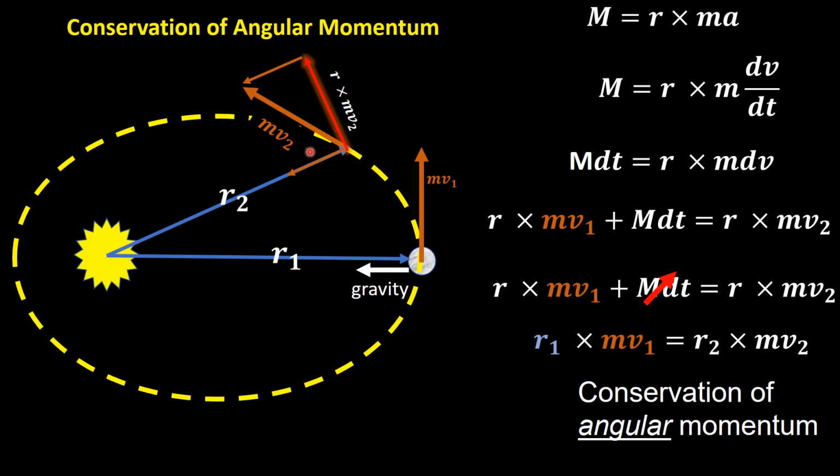But what we're going to have to do out here is break our velocity into how much of it is perpendicular to our radius. And this perpendicular chunk, that's the piece that is conserved. So what's not perpendicular doesn't go into the cross product. We're just concerned with how much of our velocity is perpendicular to our radius, and that's the piece that is going to be conserved with this cross product.